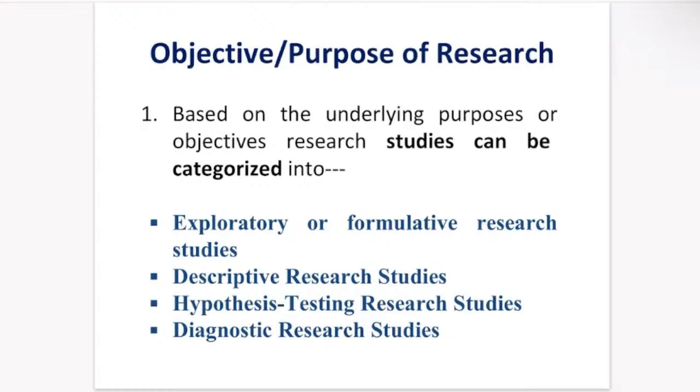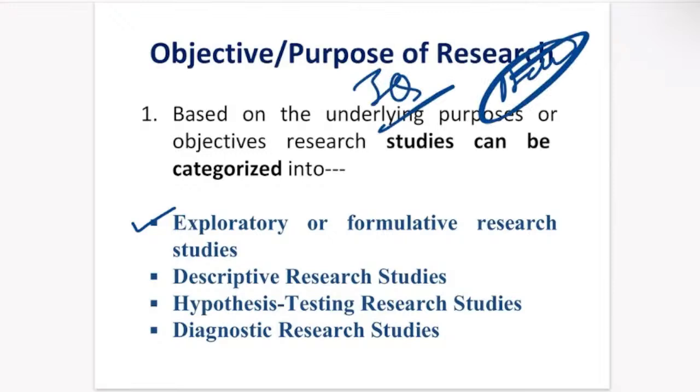So ये different purposes हो सकते हैं. The first type of research is exploratory or formulative research studies, where the phenomena are ones you don't know, so you just explore. You don't have a tool. Suppose, as I said, IQ and academic achievement: nowadays you have tools for IQ assessment, and for academic achievement assessment too, भाई, you can check grades, percentile, percentage, whatever it is.